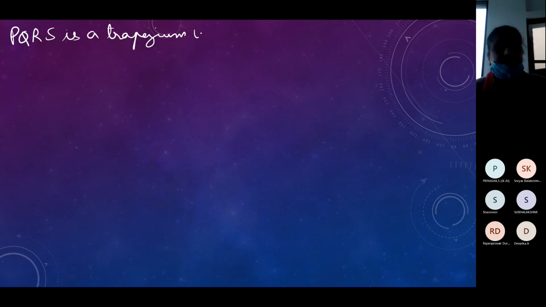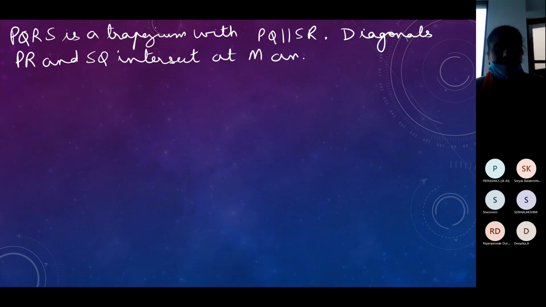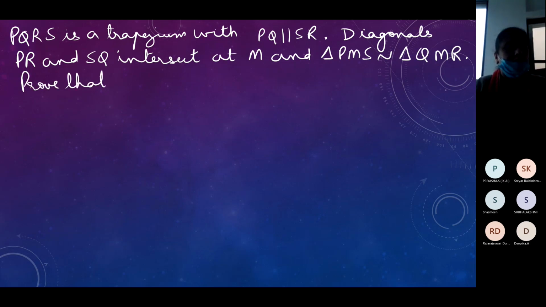PQRS is a trapezium with PQ parallel to SR. Diagonals PR and SQ intersect at M, and triangle PMS is similar to triangle QMR. Prove that PS is equal to QR.